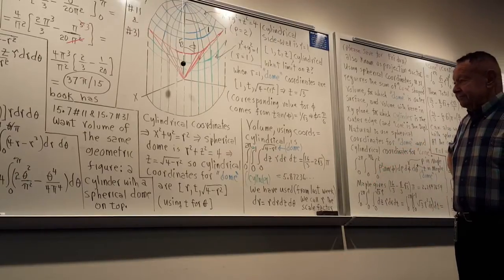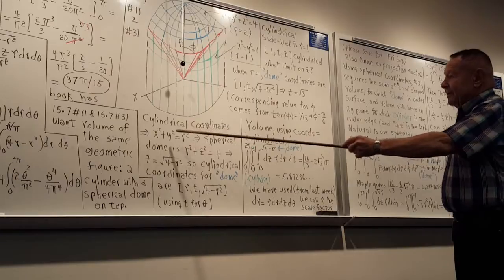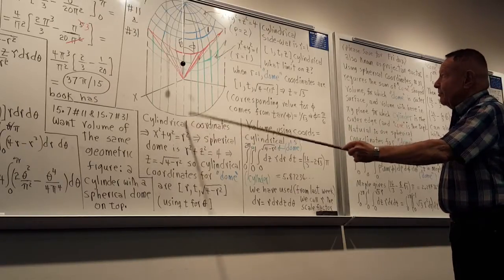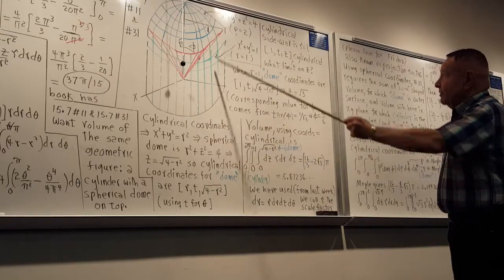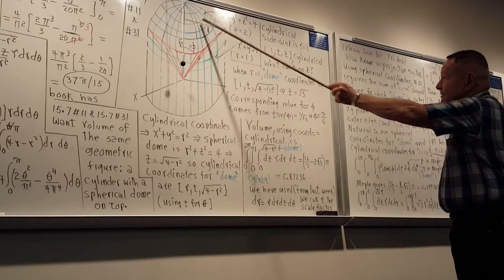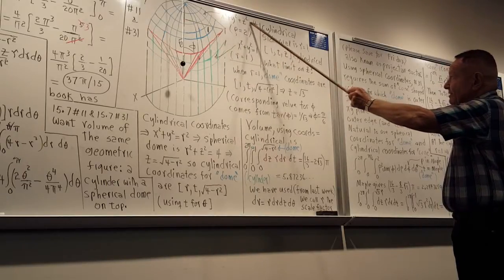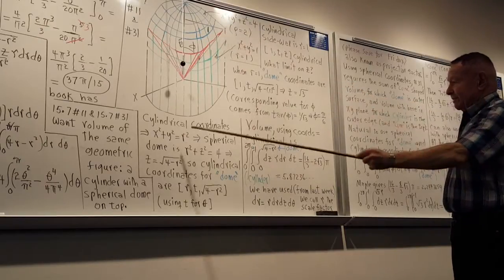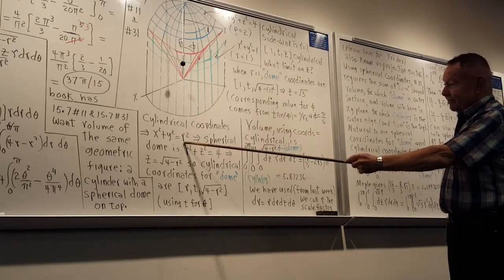So if you're thinking of cylindrical coordinates, then your spherical dome is this in Cartesian form. Well, x squared plus y squared is always r squared, where this would be the r of cylindrical coordinates.